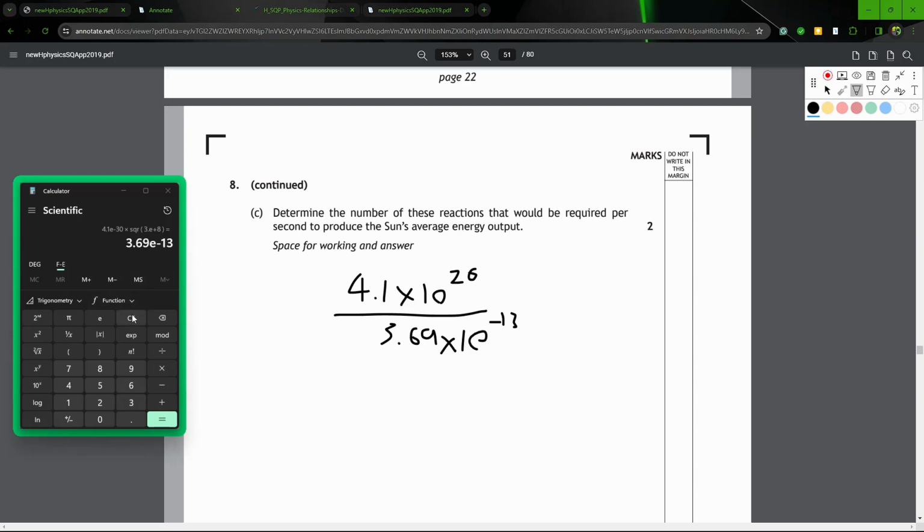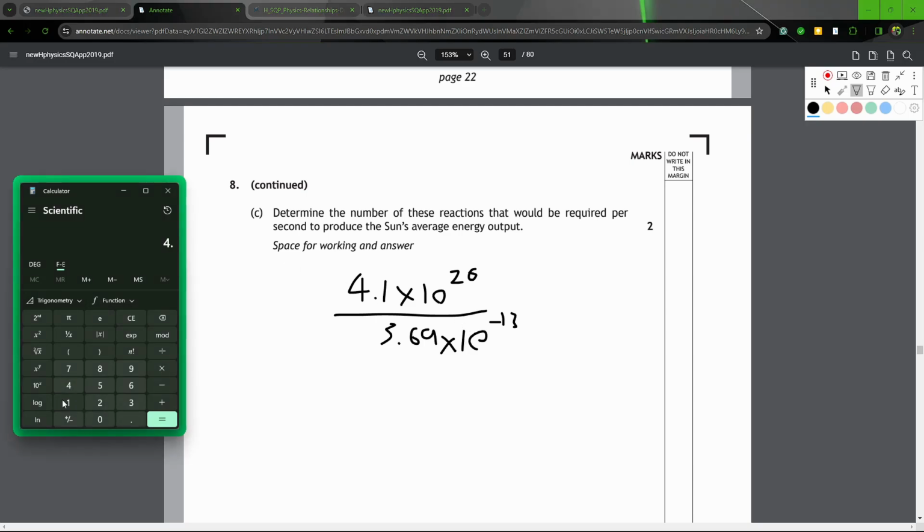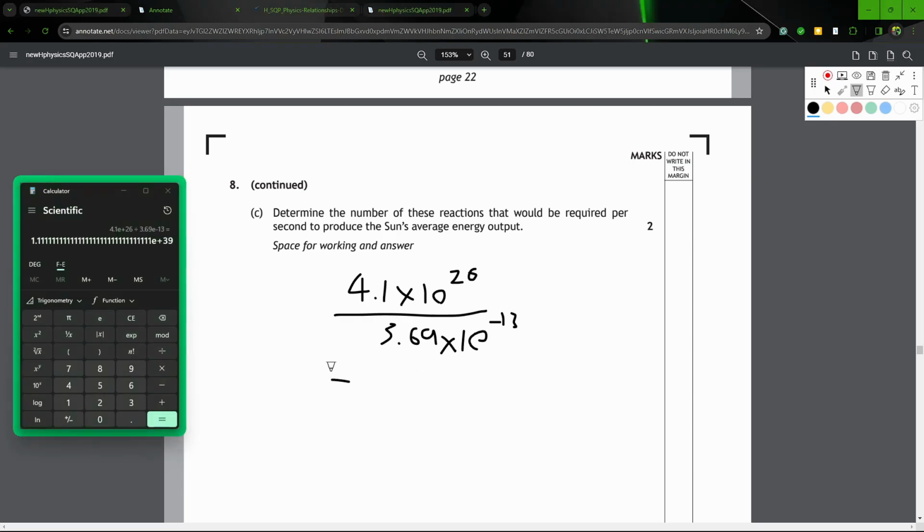So if we go and do that, geez, shouldn't have picked physics. I'm just terrified of all the bloody huge numbers. Boom. Monstrous number. 1.1 times 10 to the 39 reactions per second.